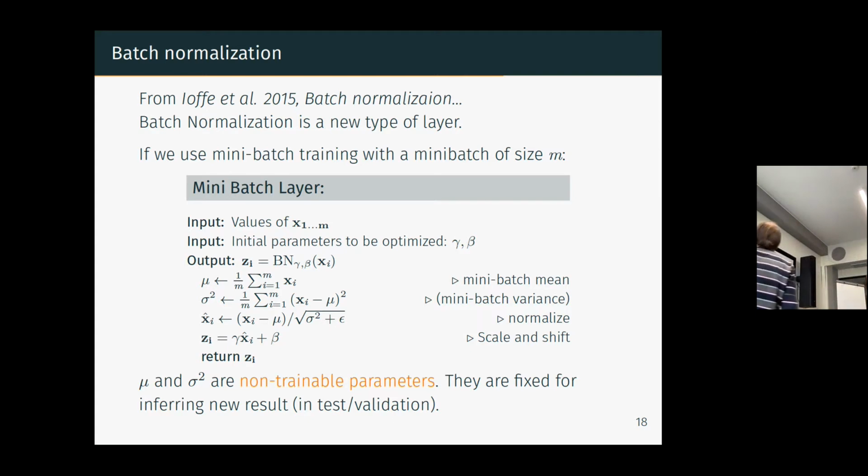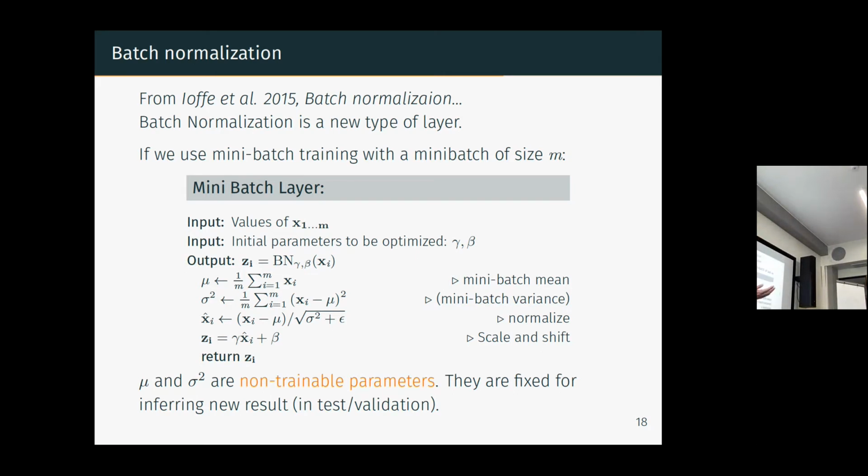If you use batch normalization, you do M forward passes, remember, M times for the M samples, and you actually use the mini-batch itself to compute some values. For the output of this layer, you compute the mean of your batch.